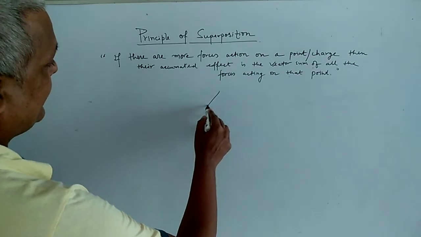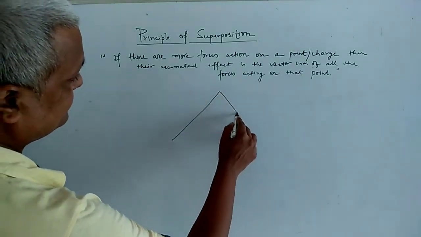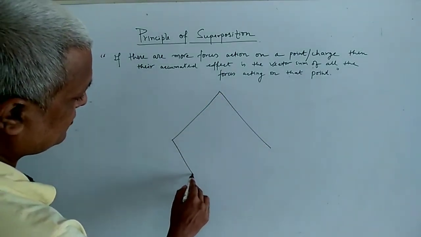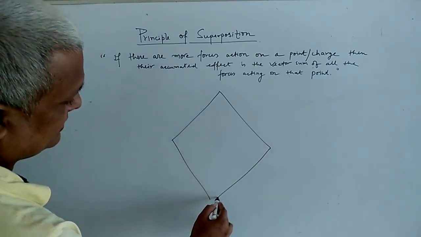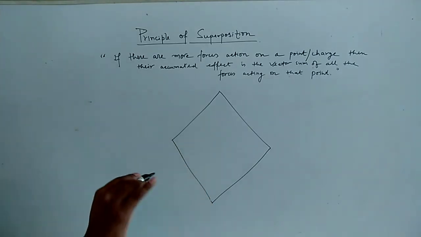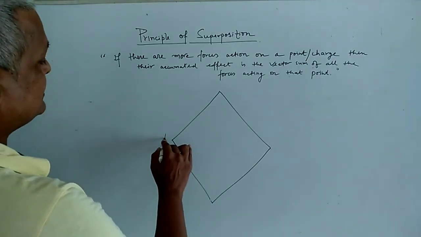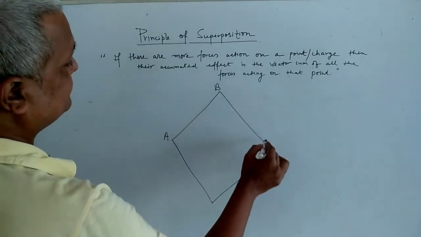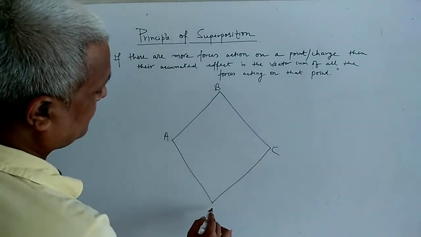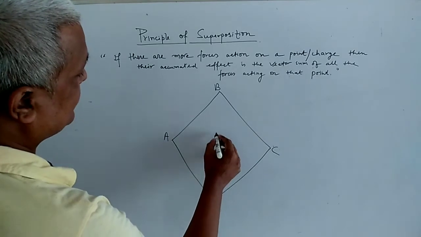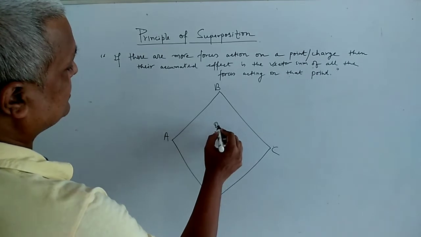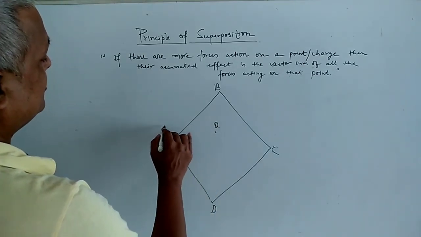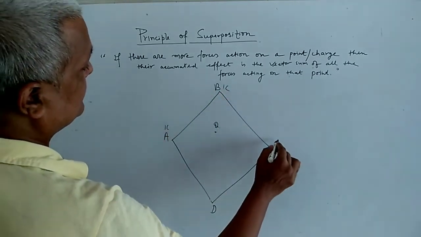Just give me attention. Suppose I take an example with a pentagon, or rather a square, because a pentagon will be difficult to draw, as I have already drawn a wrong one. So ABCD is a quadrilateral, and at the center, or at any point here, I have a charge Q, and at each corner I put 1 coulomb.